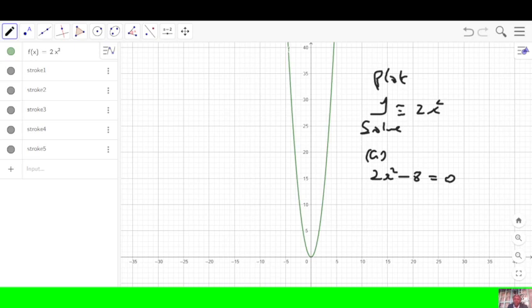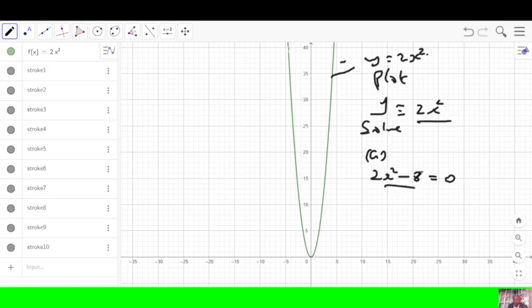Now notice that this is the graph of y equals 2x squared. So this graph here, you can see, is y equals 2x squared. That's the graph. Now, if we have been given this kind of graph, what we need to realize is that we can transform this graph by first rearranging.